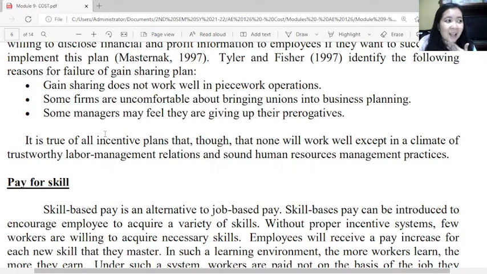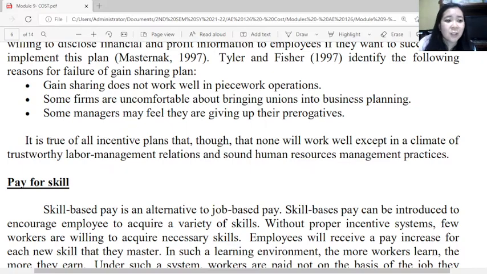Some managers may also feel they are giving up their prerogatives. Although they are working together to achieve the gain, I think managers should be receiving more than their subordinates, for example. But if they are being provided equally, there is no distinction between the levels of the employees in the hierarchy of the organization.